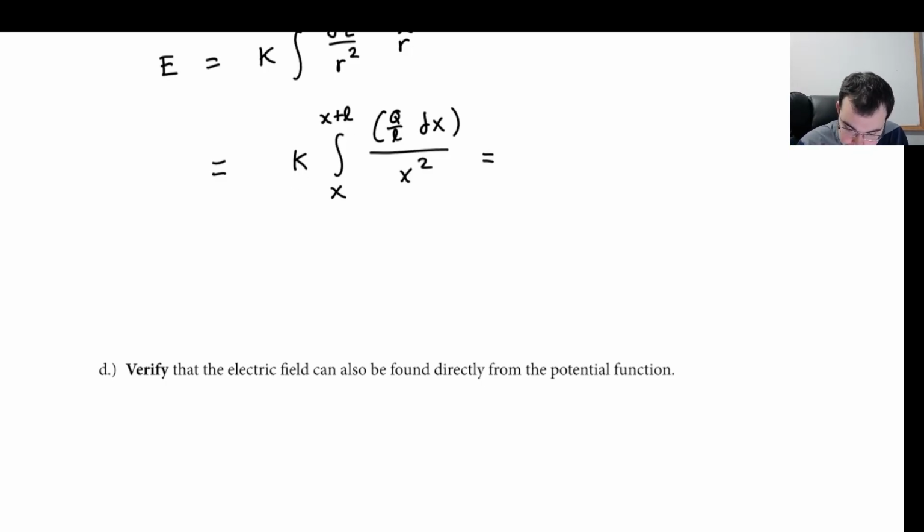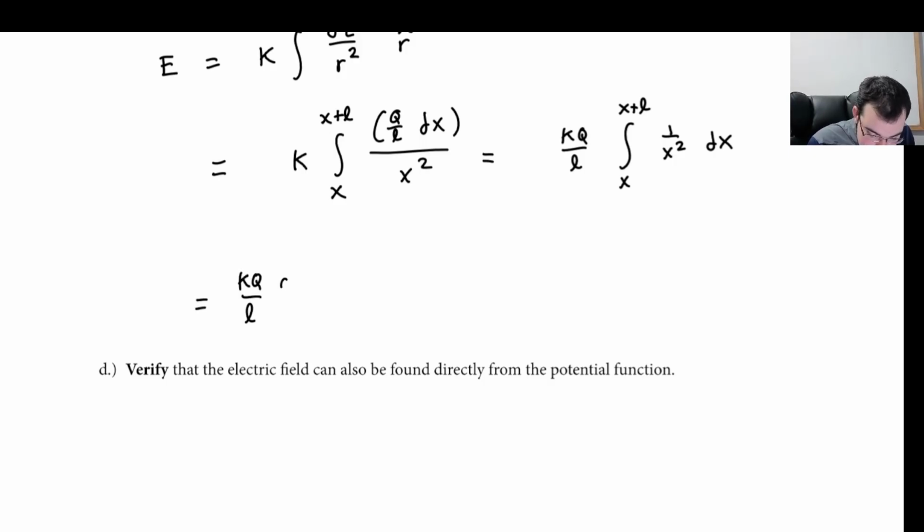So we get kq over L times the integral from x to x plus L of 1 over x squared dx. This is one we can just do the power rule for, so you might want to rewrite it as the integral of x to the minus 2 dx.